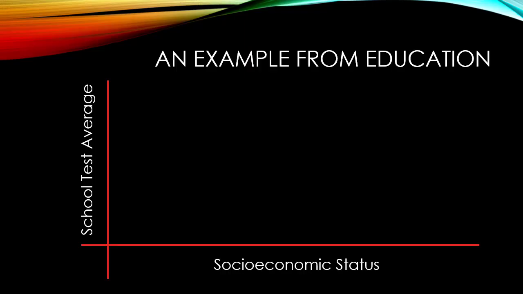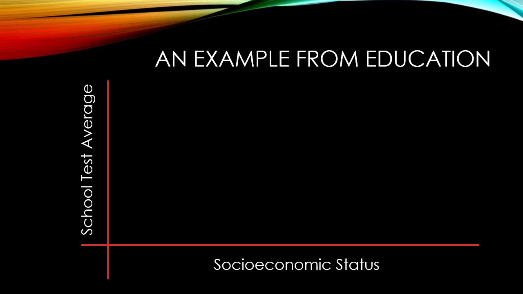In the education domain, we know that the standardized test scores of students in a school are related to the socioeconomic status of the region that is served by the school. That is because socioeconomic status is itself related to a variety of variables, such as parental education, school resources, the education and experience of the teachers, and so on.